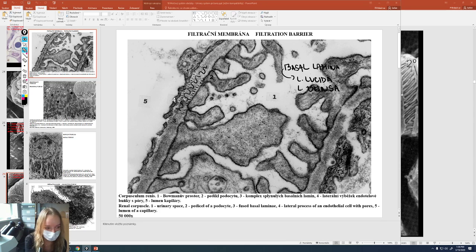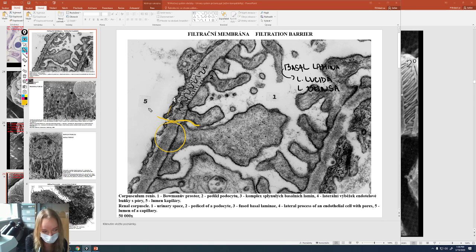And this whole structure right here, the endothelial cell with the pores, the fused basal laminas together, and the podocytes, is called the filtration membrane.